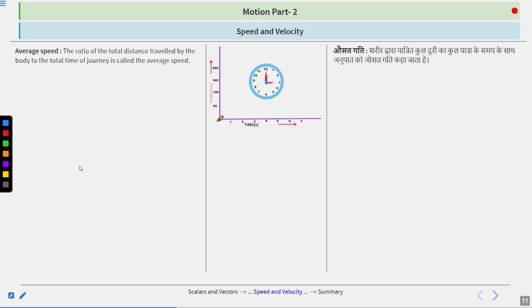Now what is the average speed? The ratio of the total distance traveled by the body to the total time of journey is called the average speed. Average speed is total distance traveled by total time taken.